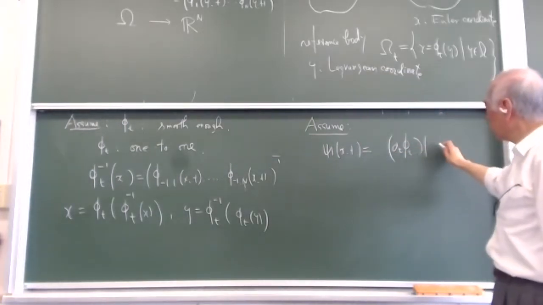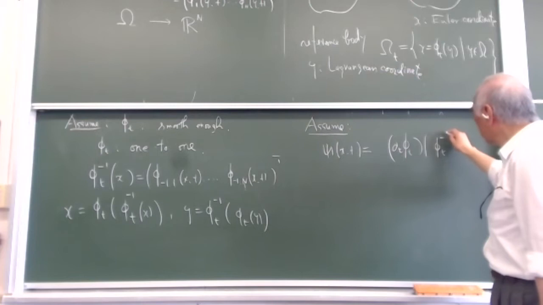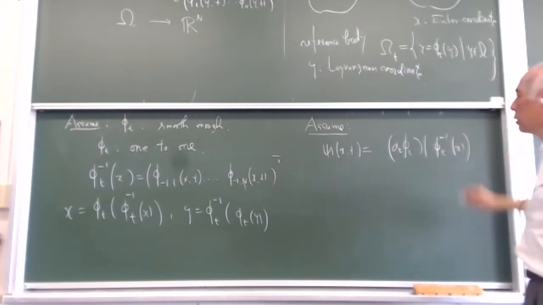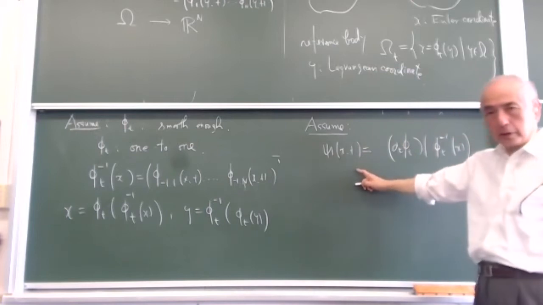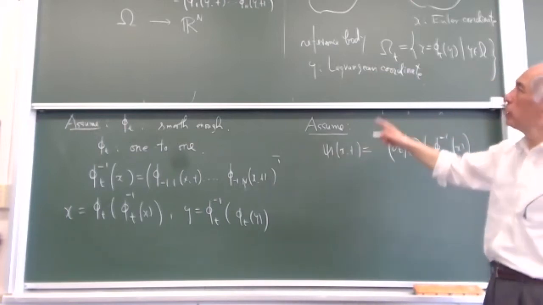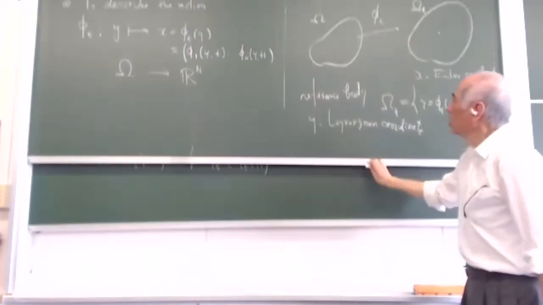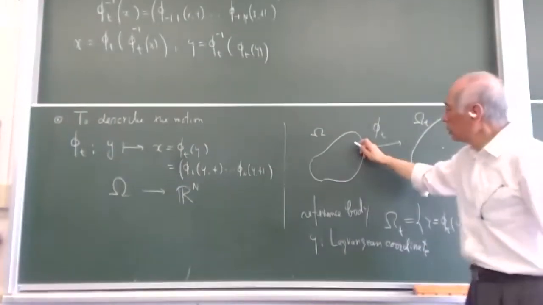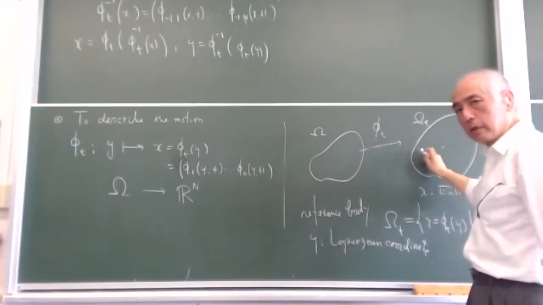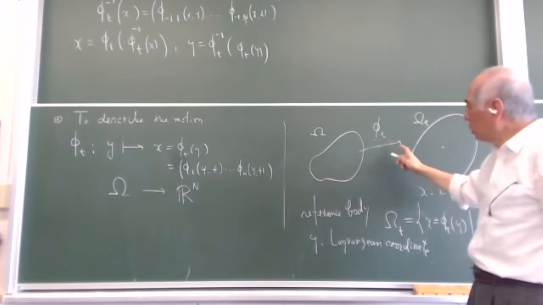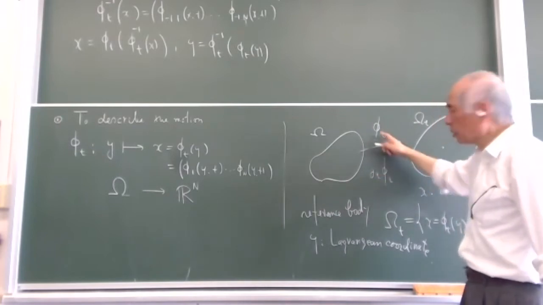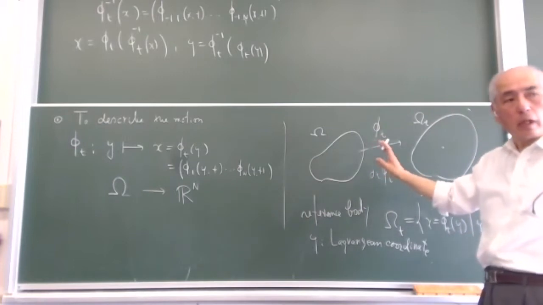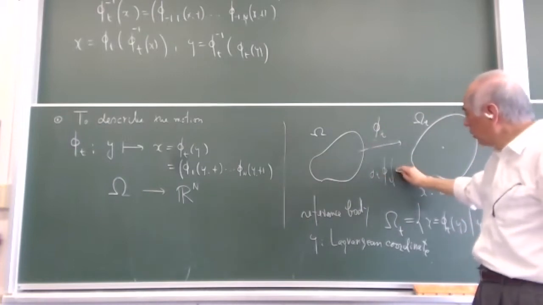This is our assumption, or usually we consider this case. So this is our flow, and then the velocity field is just the time derivative, and then position is now here.